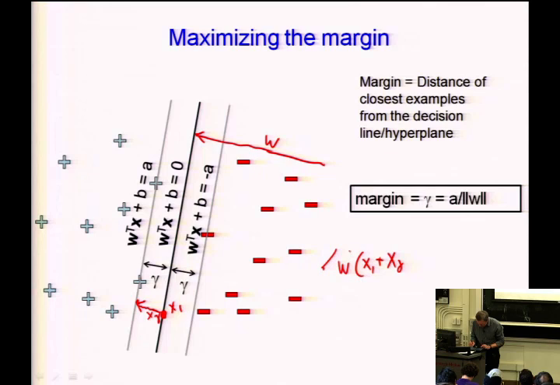Well, let's see, I want to use my same notation. So w transpose times this new vector at that point plus b does equal a, because that puts me to this point, which is on the line where it equals a, right?